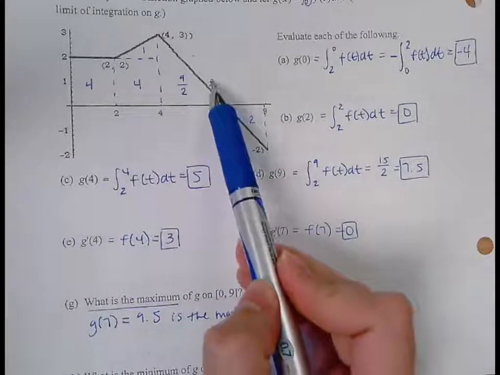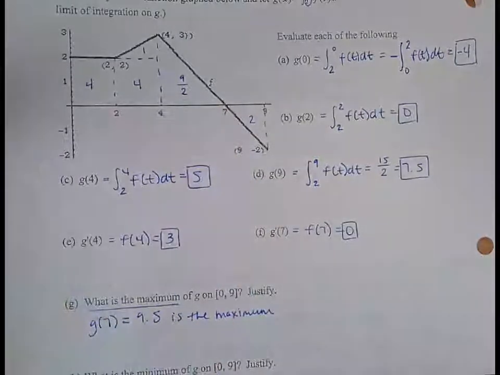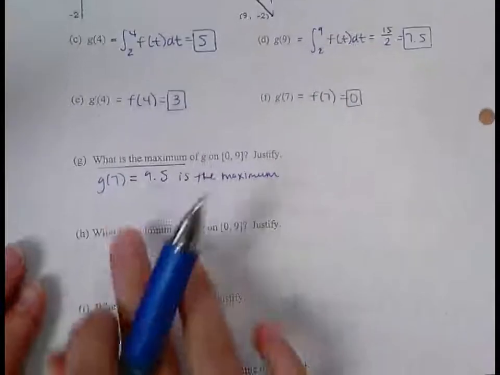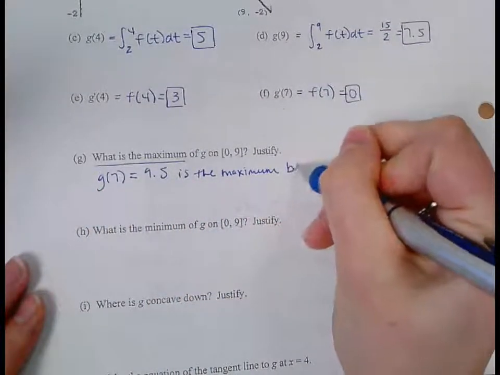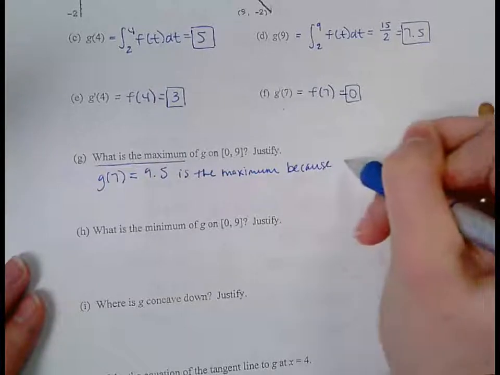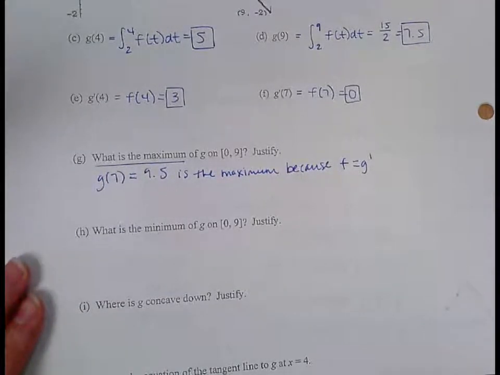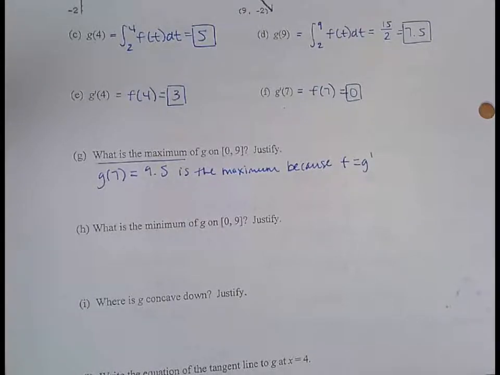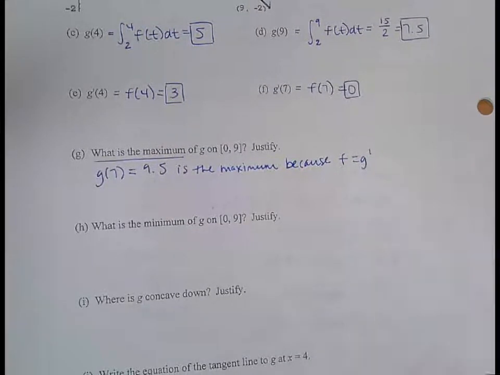Because we're given the graph of f, if you're referring to the graph and talking about the graph being g prime, you have to state that you know that. So I would say G of 7 equals 9.5 is the maximum because I'm going to say f equals g prime. That way I'm making a connection between what is happening with the derivative and what I know about g. So I need to establish that I know f is the derivative of g.